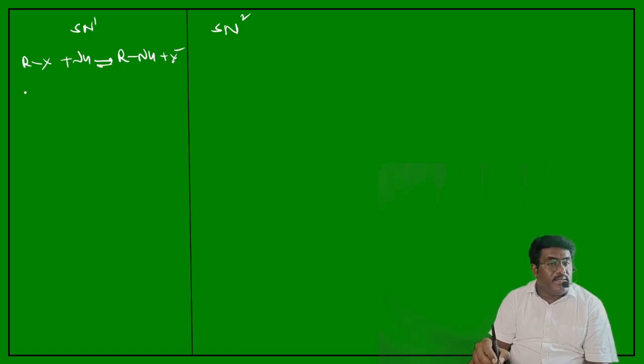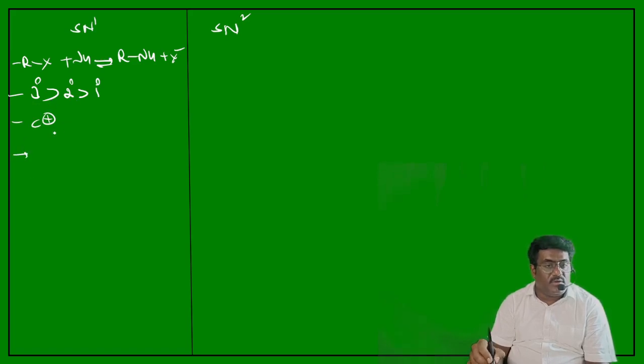Its stability order is tertiary greater than secondary greater than primary. The reaction goes through a carbocation, and the reactivity order is tertiary greater than secondary and primary.